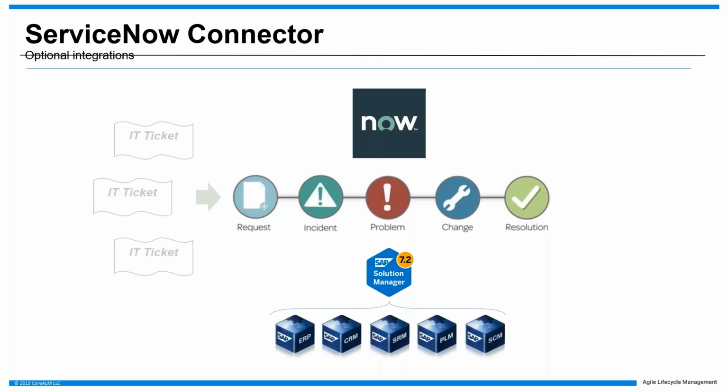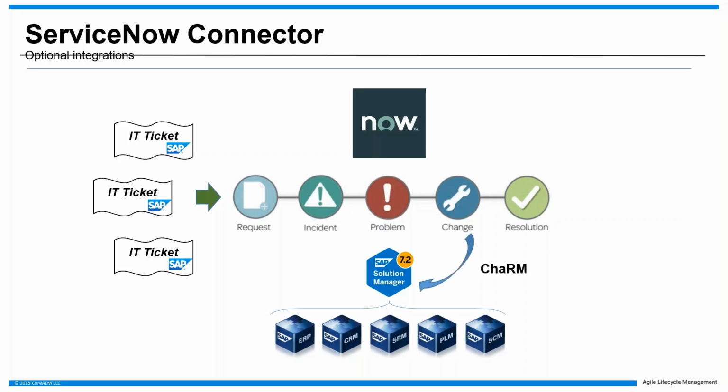The way the integration will work is that you would open a ticket in ServiceNow, and then if a change needs to happen, it will automatically create that change in SAP Solution Manager once it's approved. And then at that point, you will walk through your normal ServiceNow workflows, and it will make the changes in Solution Manager and vice versa as well into the ServiceNow tool.